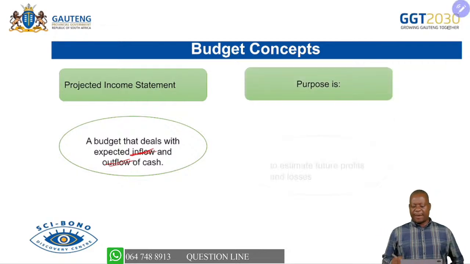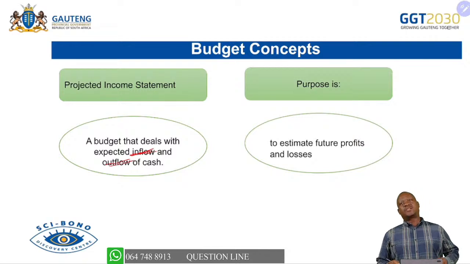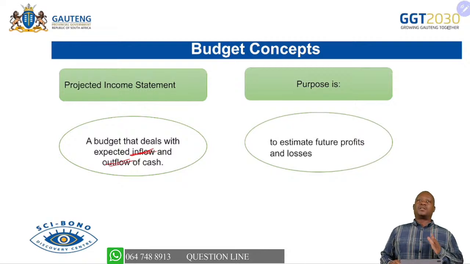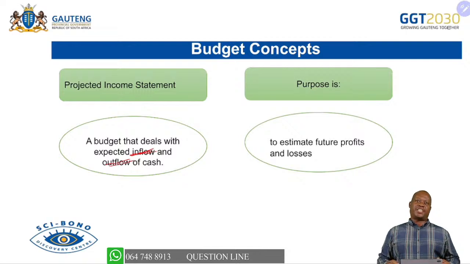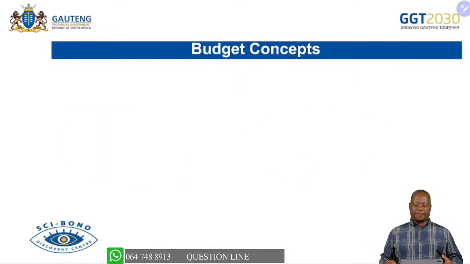Now, what is the purpose of our projected income statement? We want to try and estimate our future profits and losses. So we are preparing the same income statement where you've got income and expenses, but projecting into the future and checking what might be our expected profits as well as losses in future.